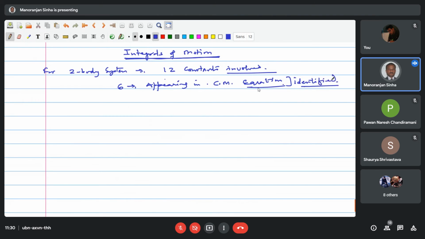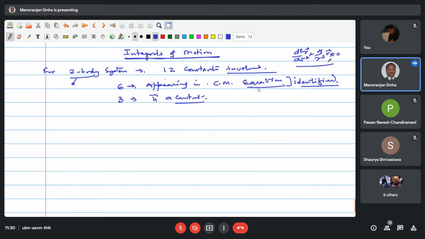Okay. And then the two body system we have worked for. So here 3 more constants can be identified, and this is that H is a constant. Because the system is free from the external torque, so just as we have written d square r by dt square for the two body system, plus mu by r cube r is equal to 0.